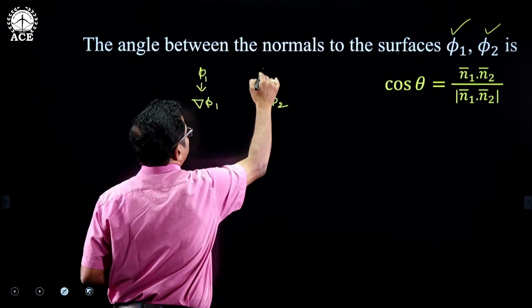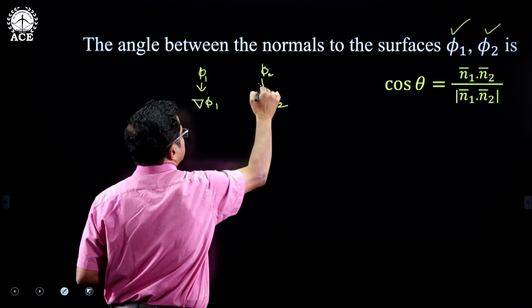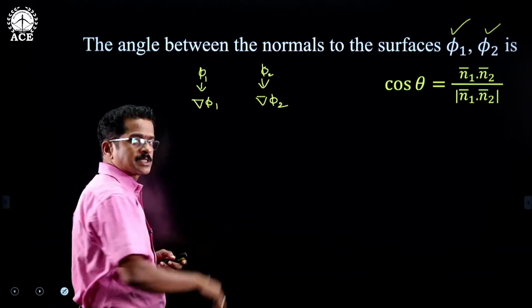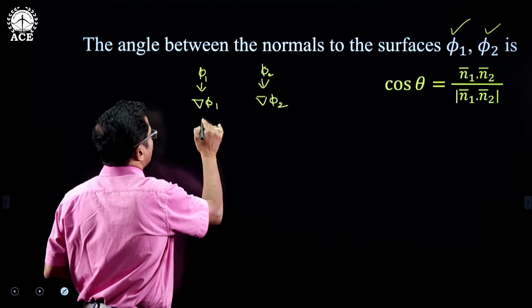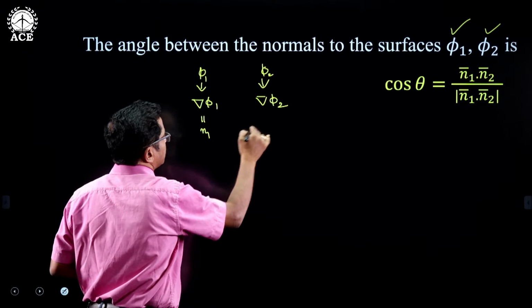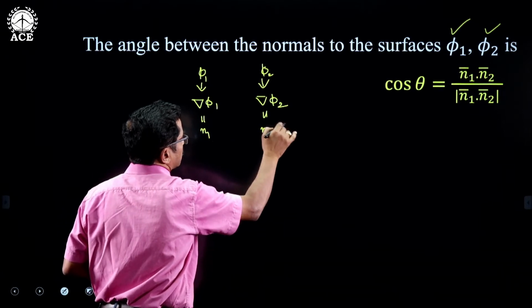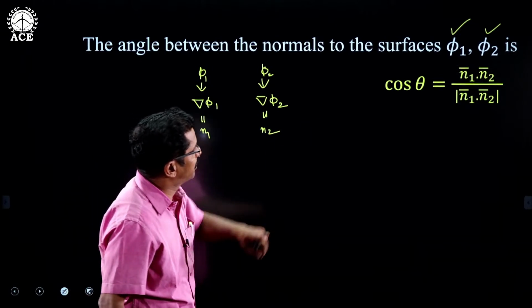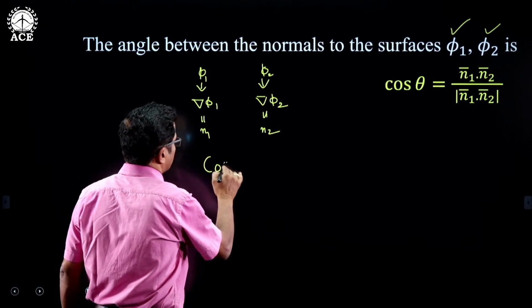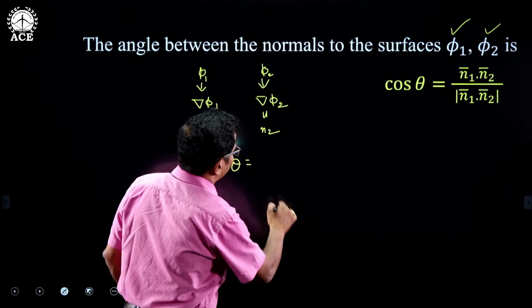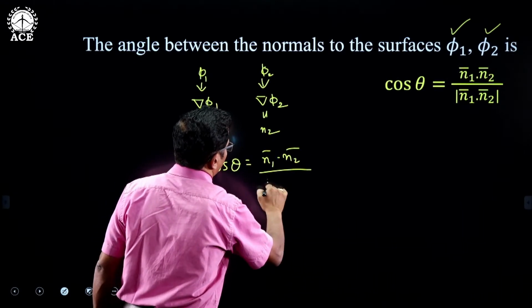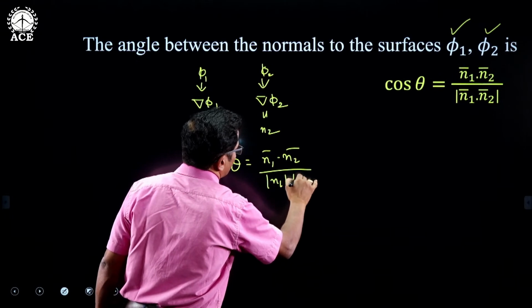For the surface phi 2, normal is del phi 2. The angle between these two normals, this we represent by n1, this we represent by n2. The formula is cos theta equals n1 bar dot n2 bar by modulus of n1 bar into modulus of n2 bar.